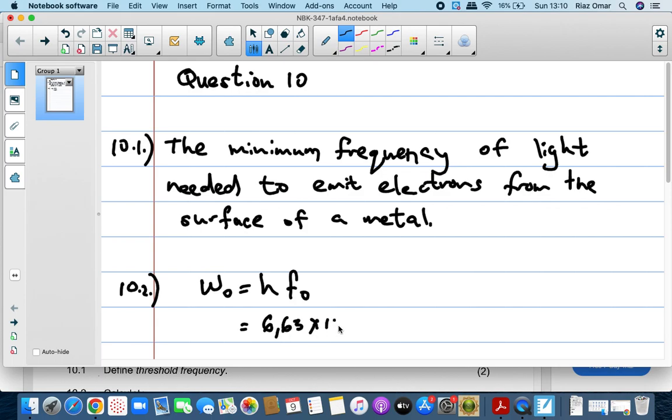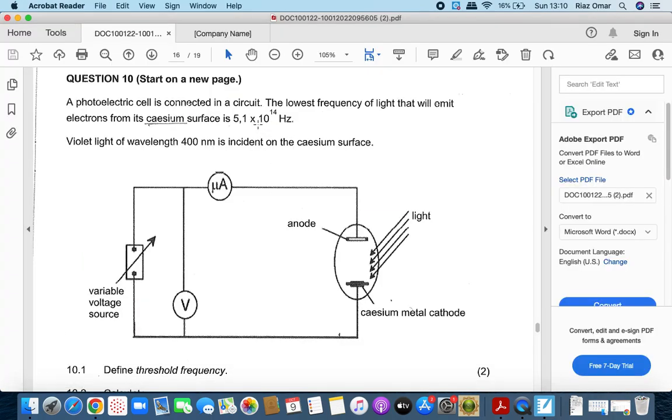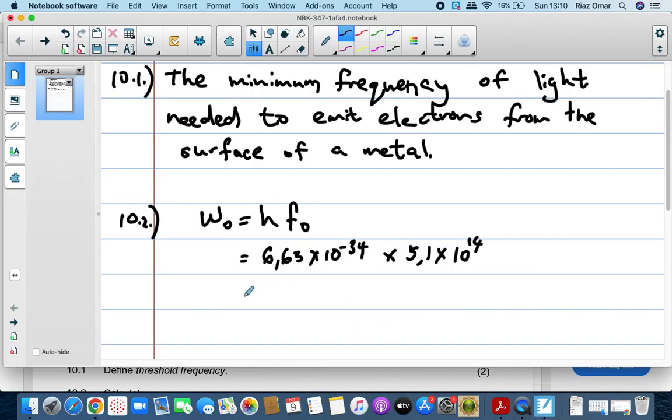It is 6,63 times 10 to the minus 34, multiplied by the frequency of our cesium metal, 5,1 times 10 to the 14. I'm just making sure that is right, 5,1 times 10 to the 14 is our threshold. So you can work it out.